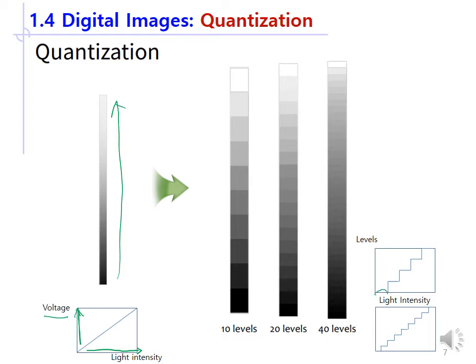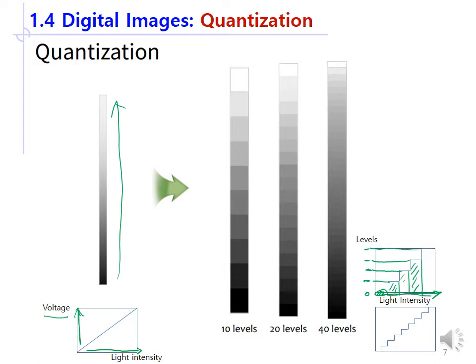From here to here, this is analog intensity, and it is mapped to 0, and from here to here it is mapped to another level, and so on.